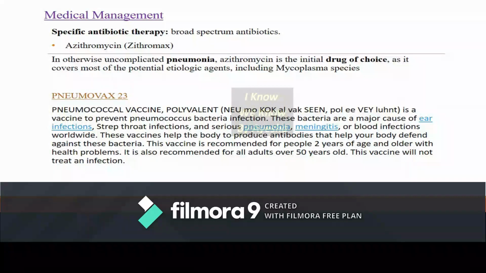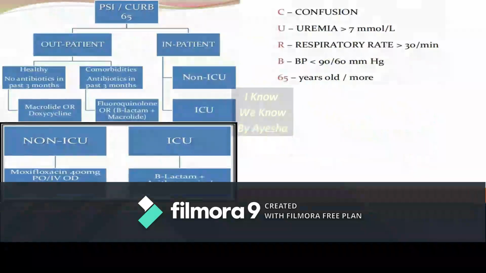It is recommended for all adults more than 50 years of age. Actually, this is the vaccine which can help in preventing infection in future, but it does not treat any kind of infection.